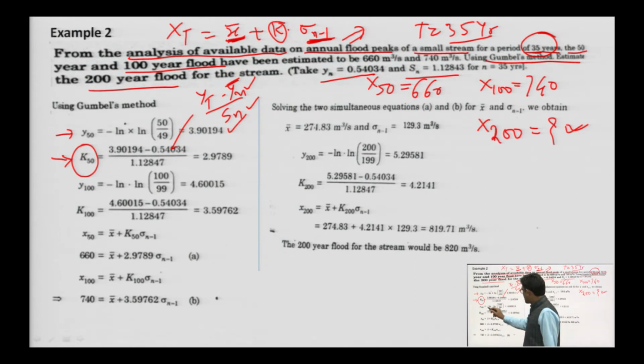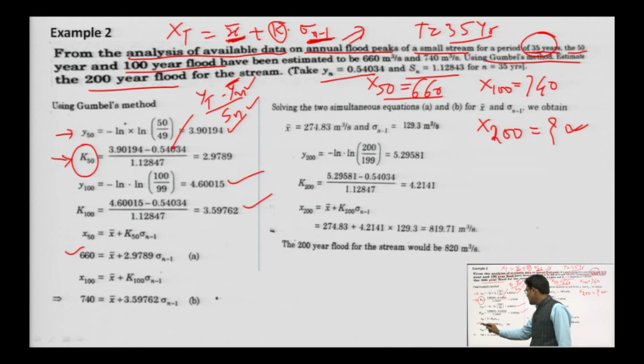So, y at 50 and 100, and k at 50 and 100. Let us write x 50 by this equation. x 50 is given, it is 660.